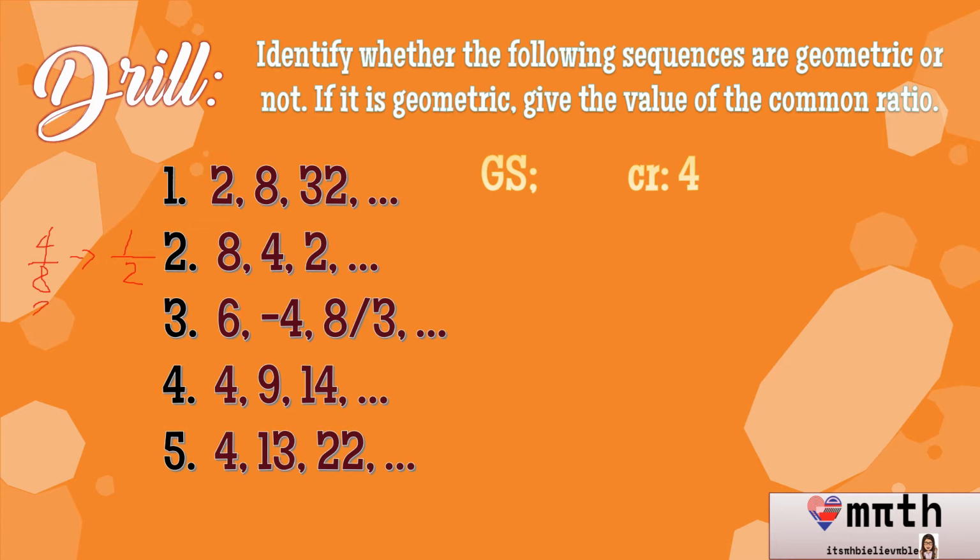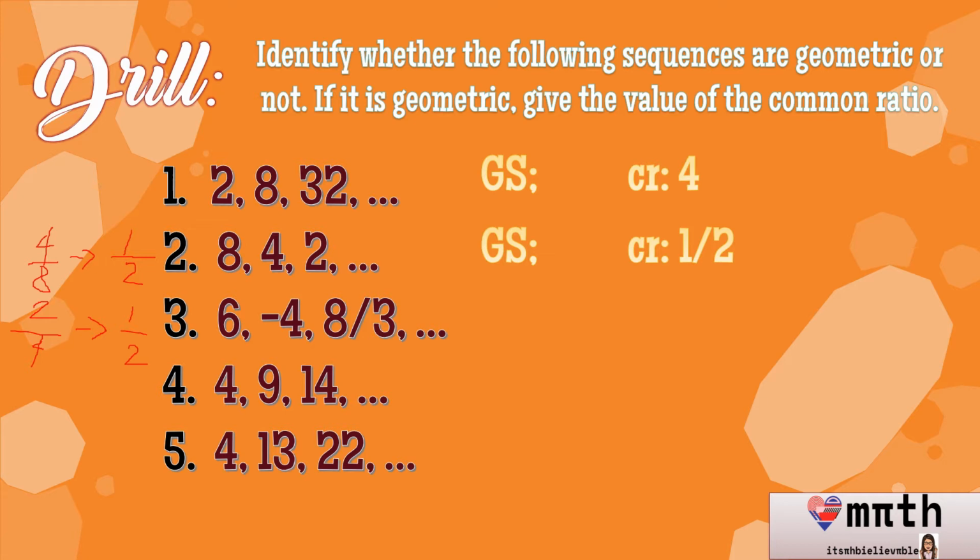So, that will be 2 over 4, which also has a lowest term of 1 over 2, or 1 half. Since they are the same, therefore we have a common ratio which is 1/2 or 0.5. Therefore, this sequence is a geometric sequence.